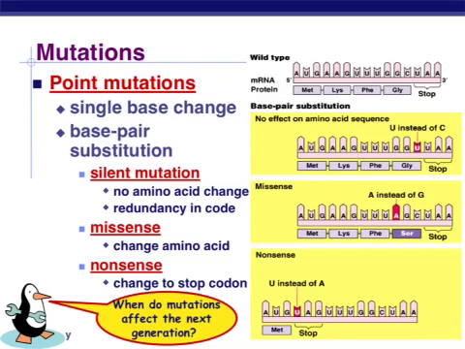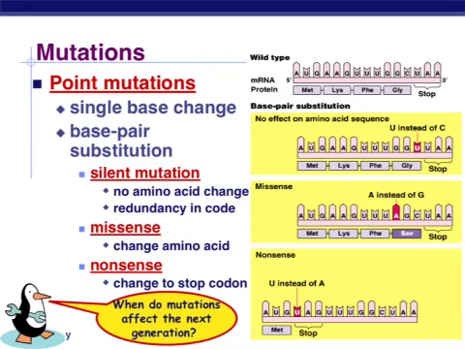Because as you know, the amino acid code is redundant. So we have several codons that code for the exact same amino acid, like lysine, for example. So we may have changed that one letter, but ultimately we are still making the amino acid that we need. So this is called a silent mutation.